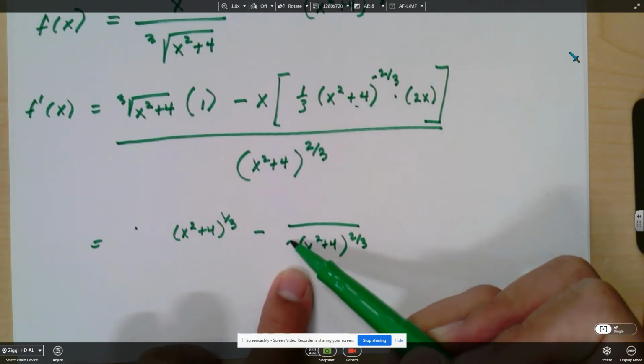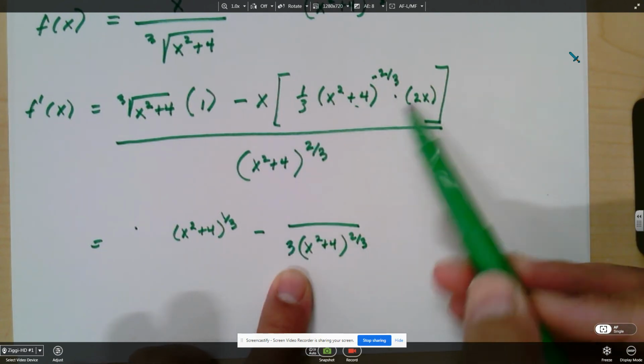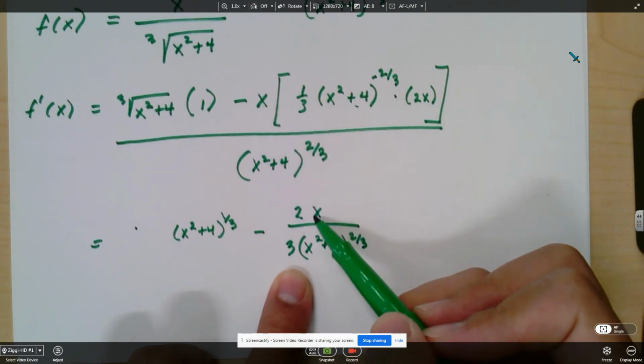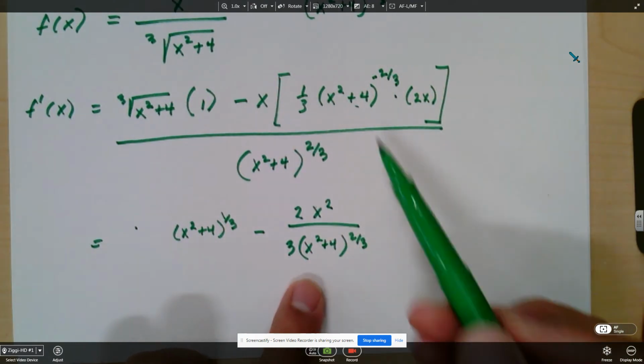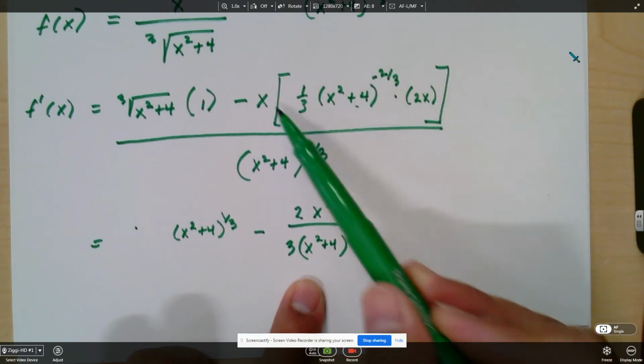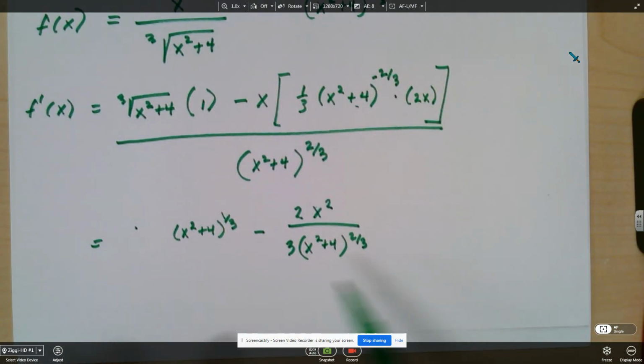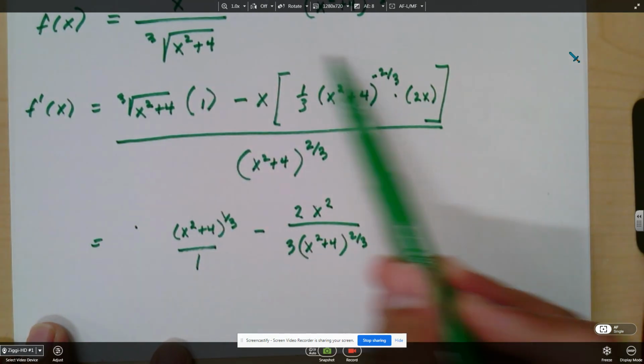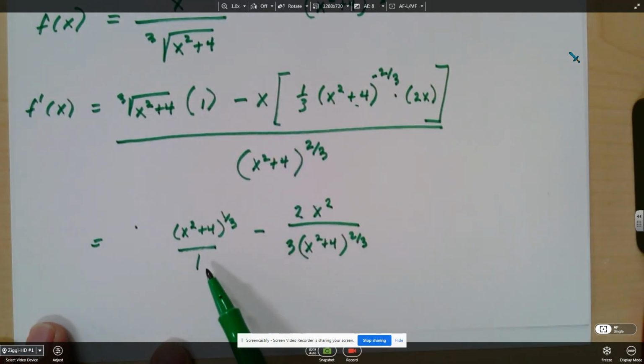The 3 lands in the denominator, the 2 is in the numerator, and then the x and that x make an x squared. Okay, that's just this part, cleaning this whole thing together. Then I now realize that this whole thing needs a common denominator. And that's the common denominator.